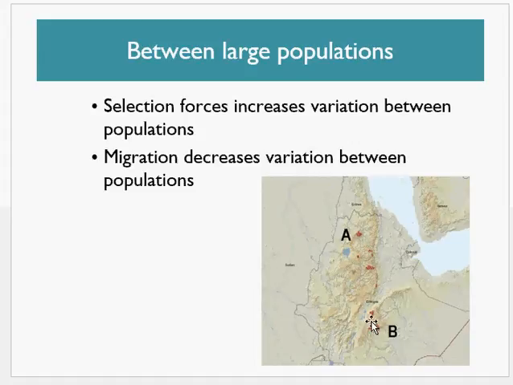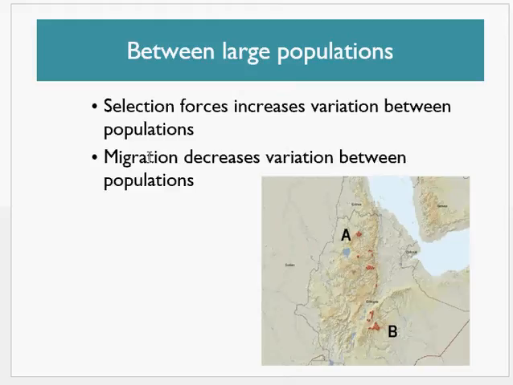And so the wolves in population B, because you remember that this is a map of the populations of the Ethiopian wolf, the wolves in population B may have genetic makeup which allows them to survive in a wetter environment compared to the wolves in population A, for example. And selection is the process which selects for alleles which allow wolves to do better in a wetter environment. On the other hand, migration, which is another evolutionary process, actually decreases the variation between populations.